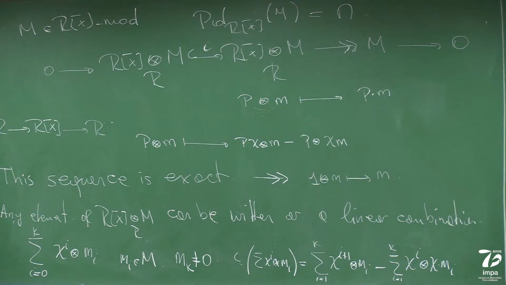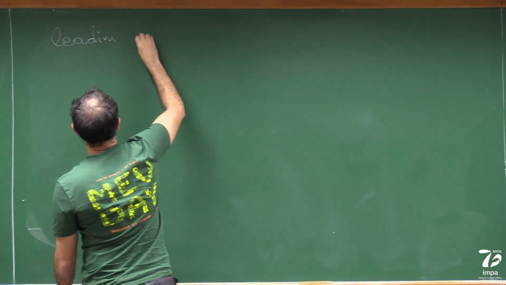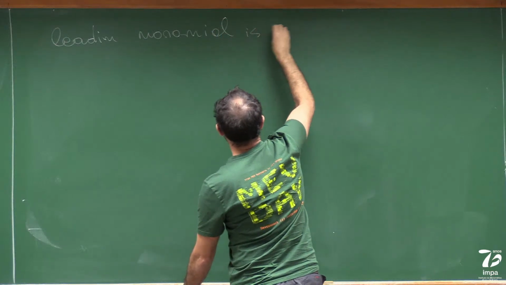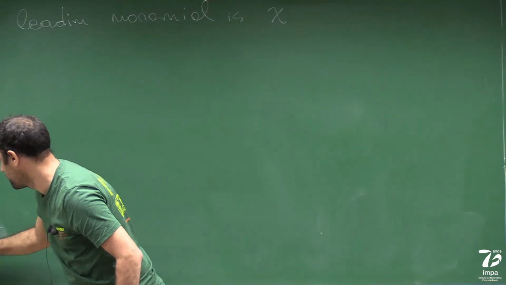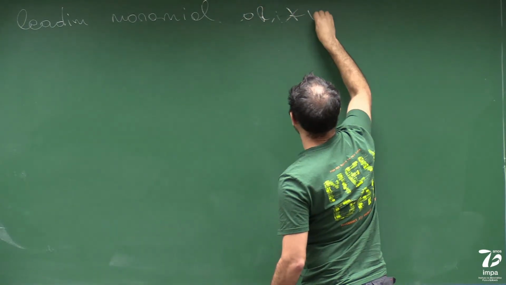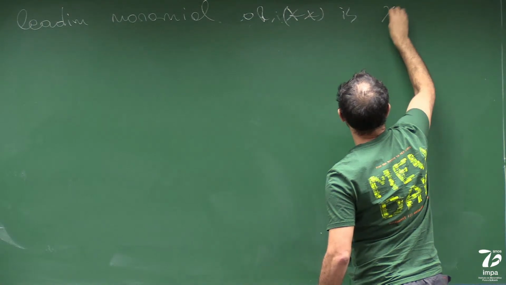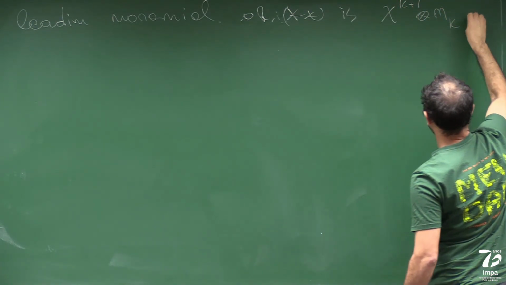The leading monomial of this expression, of star star, is x to the k plus 1 tensor m_k.